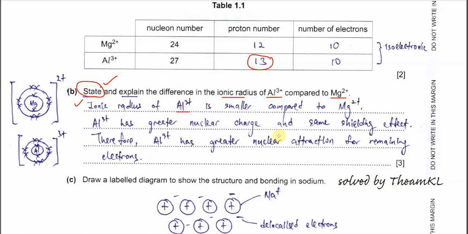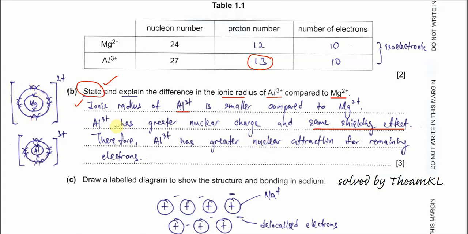After that, because it's an isoelectronic configuration, you can say that it has the same shielding effects, because the number of electrons is the same. They have the 2 electron shells and the electrons are also the same.